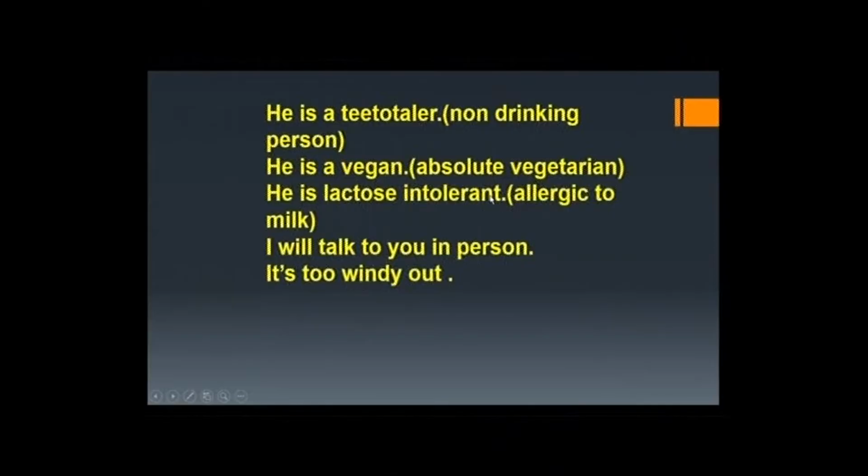Now another sentence, it was in a show: he is lactose intolerant. Sometimes it happens some people take milk, okay, and they have a problem, they have a trouble in the stomach. कोई ना कोई उन्होंने एलर्जी है कुछ है, बट उन्होंने पेट खराब हो जाता. So allergic to milk it is, but instead of saying that he is allergic to this, we can say he is lactose intolerant, okay?